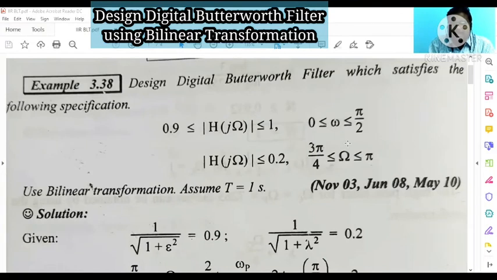It means there is no ripple in the pass band. That is the first condition. The second point is that it has zero roll of response in the stop band. So there is no ripple in the pass band and zero roll of response in the stop band.